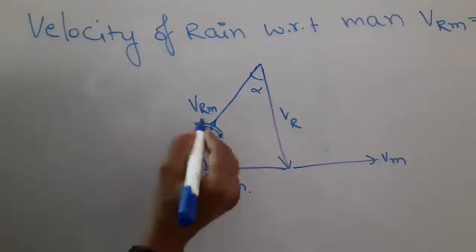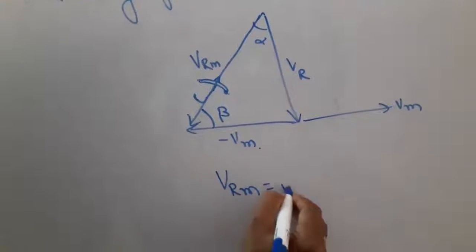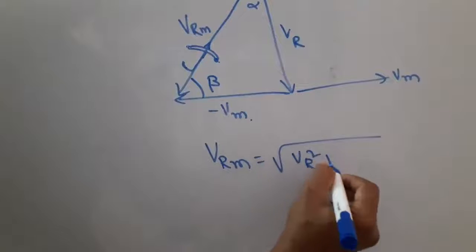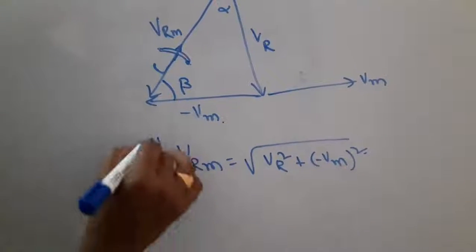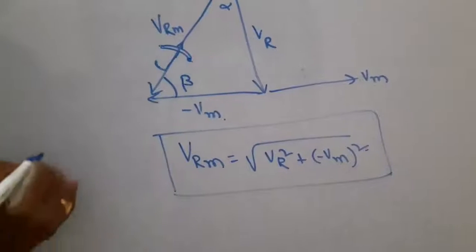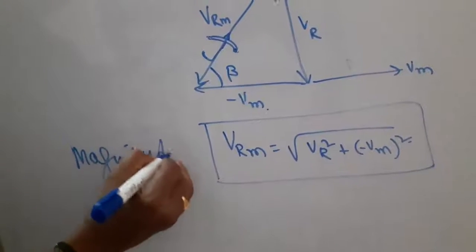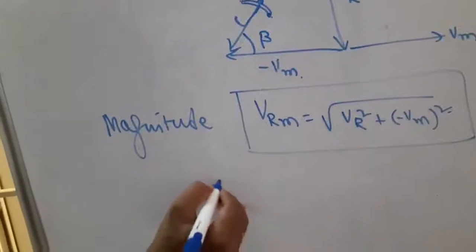So the velocity of the rain with respect to man is equal to the square root of VR square plus minus Vm whole square. This is the magnitude. Next, direction.